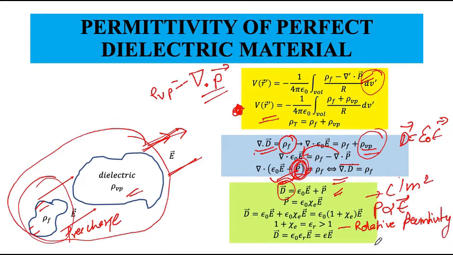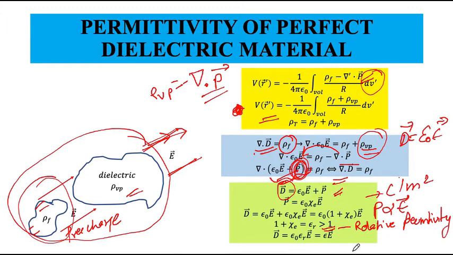Chi e stands for susceptibility, and for a material which is not free space, epsilon r will be greater than 1, for a dielectric material.